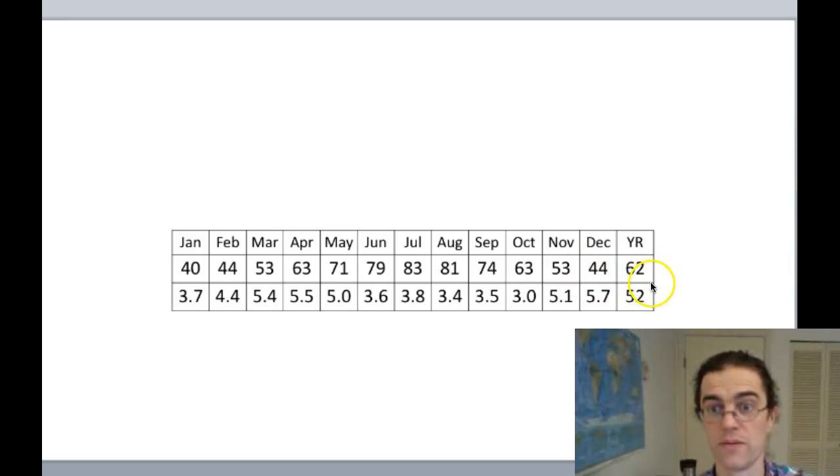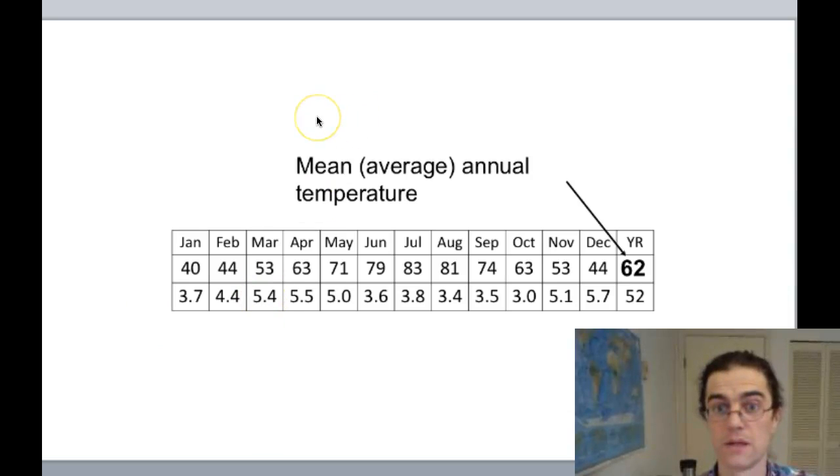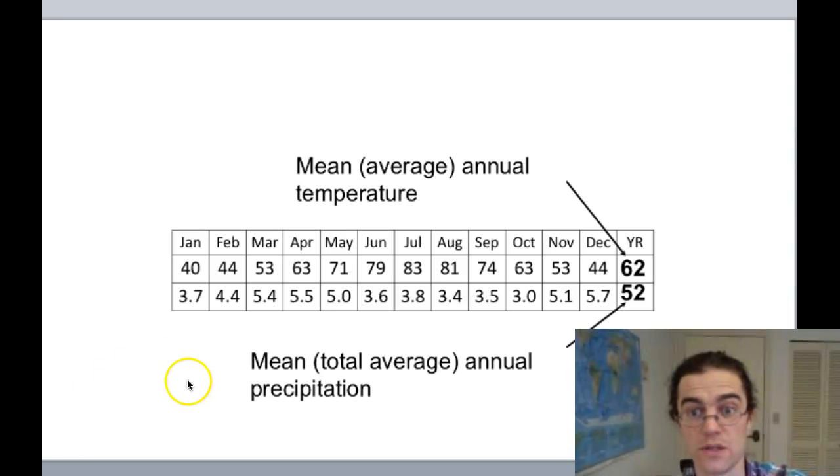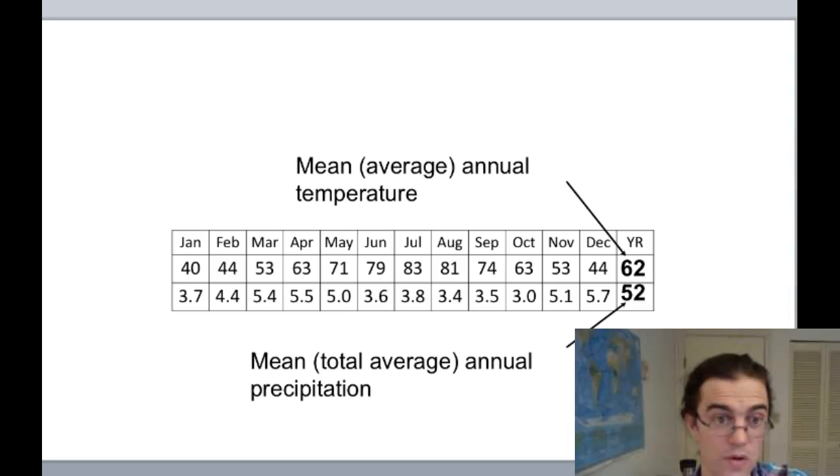For instance, all the way over on the right there, the yearly range, and the mean average annual temperature is over to the right. In terms of mean total average annual precipitation, that'd be the second row. YR is just for year there.